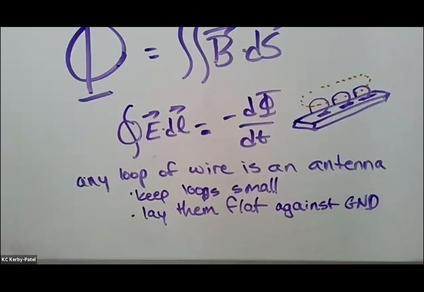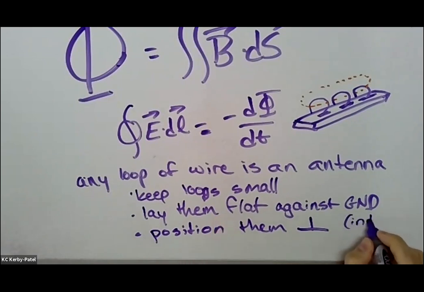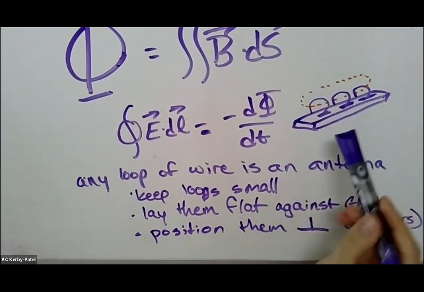If you absolutely must have loops, like if you have two inductors, position them perpendicular to each other. This will keep your wires from unintentionally talking to each other.